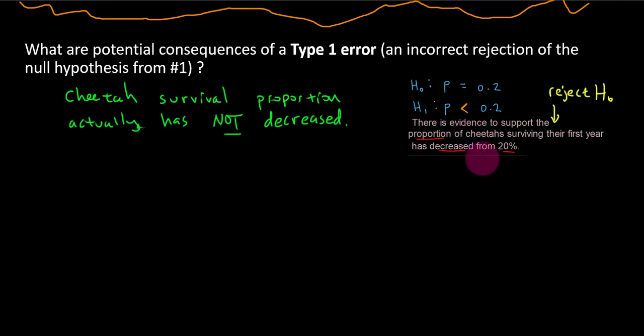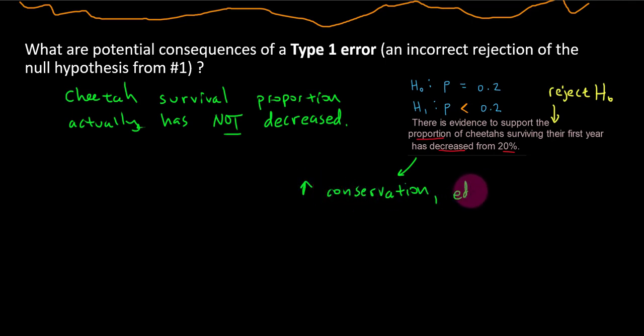Well, you might imagine that if this was your conclusion, and maybe you are part of a governmental agency or an NGO that is looking out after wild animals, and your conclusion was, hey, they're surviving at a much lesser rate, then maybe you went and proposed higher conservation efforts, more conservation.